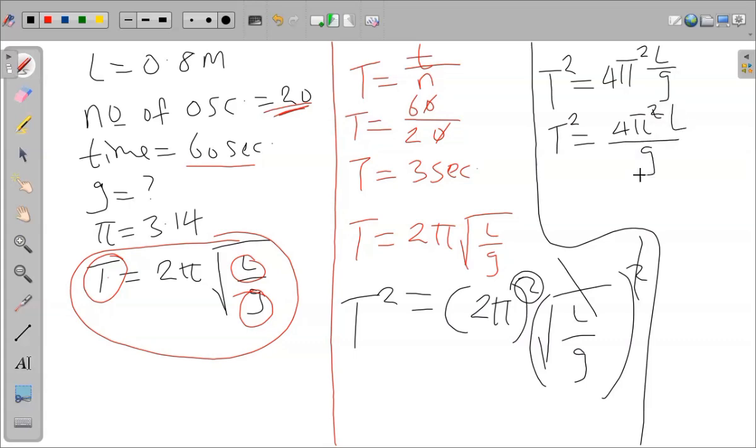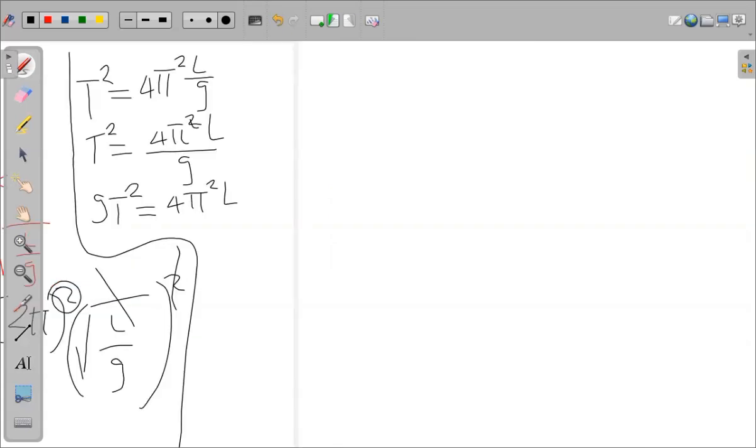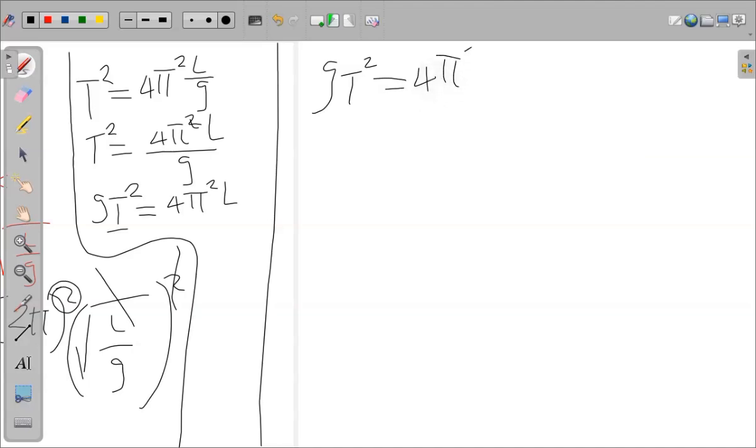So if I cross multiply, I'm going to have gT squared equal to 4 pi squared L. The next thing we are going to do is divide both sides by T squared.